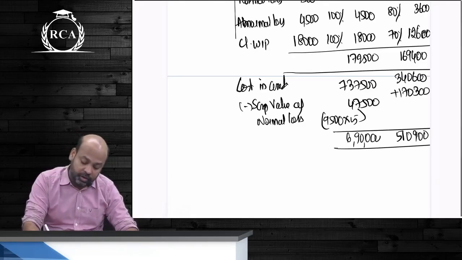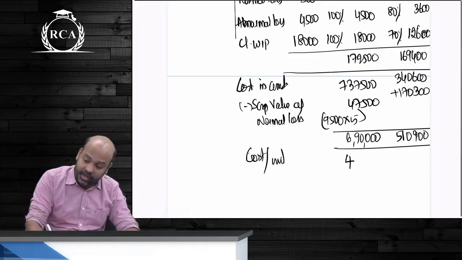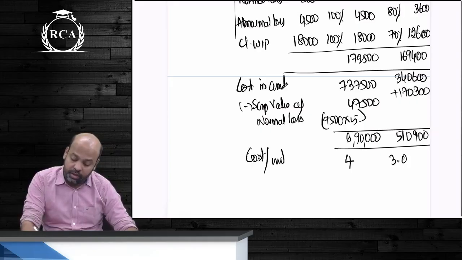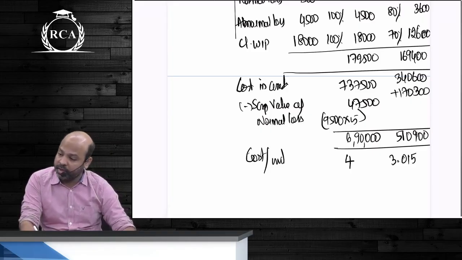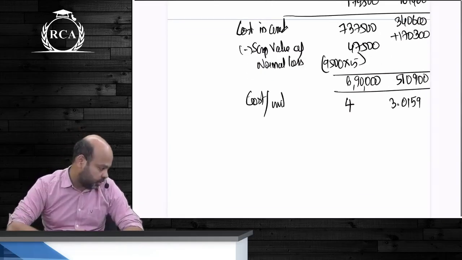How much will be your cost per unit now? 4 rupees exact. This one is 3.0156. 5938. This will be your cost per unit.